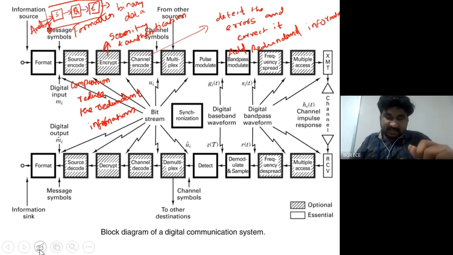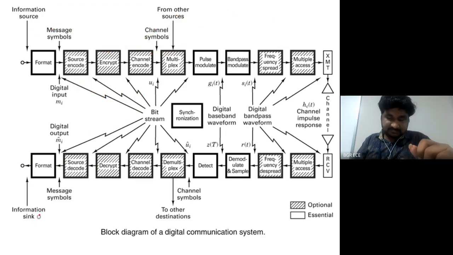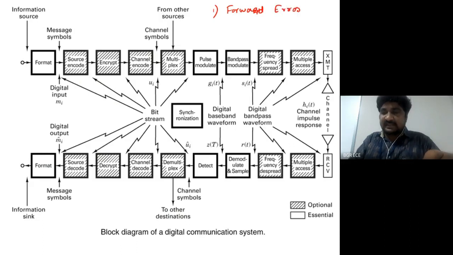The different techniques are the forward error correction method, called FEC, and the next method is called automatic repeat request, which is called ARQ.